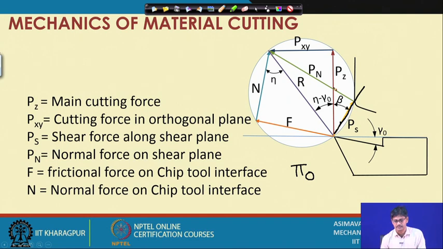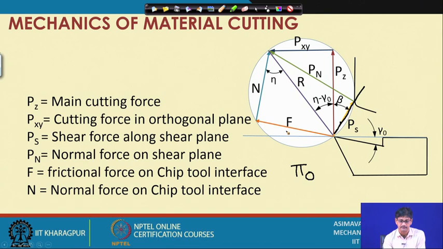If we have such a representation, the resultant of F and N is the resultant force, the resultant of Pz and Pxy will be equal to R, and the resultant of Ps and Pn will also be equal to R.